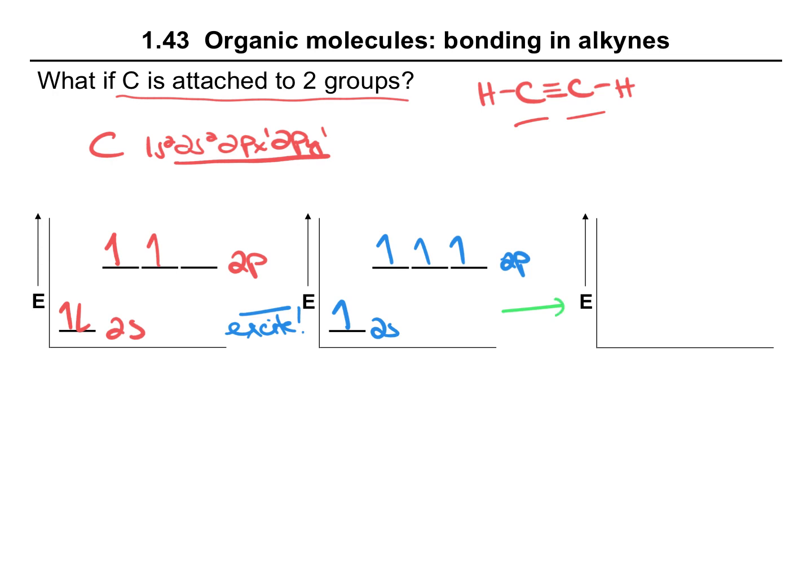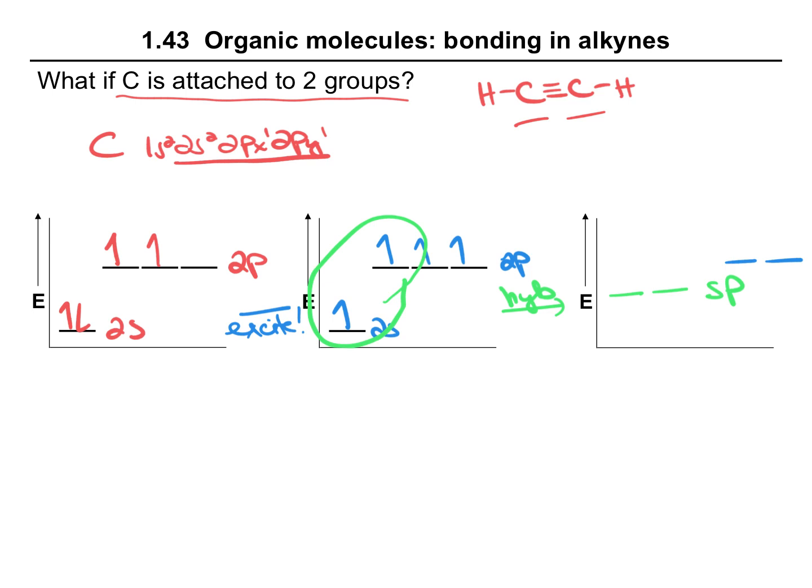And now we can think about a hybridization or a blending, but this time we're going to combine 1 s orbital and only 1 of the p orbitals. So this gives us 2 new orbitals that are sp hybridized. Sp because it's 1 s and 1 p orbital that are combined. And then that leaves us with 2 unchanged p orbitals.